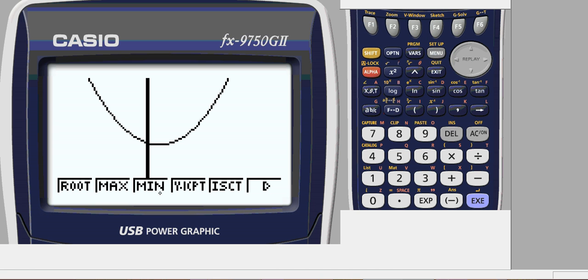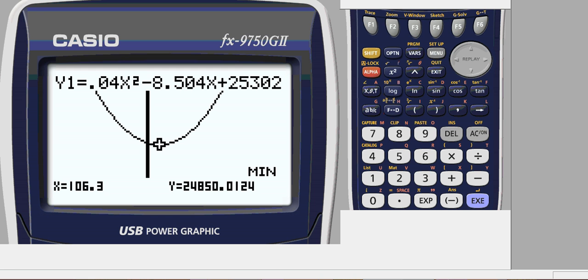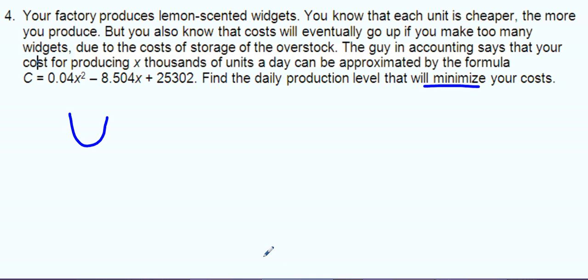And then right there, we've got minimum. And here we've got our two numbers. So if we look back at our problem, it says the cost for producing X thousands of units is this. So our cost is right there. That's like our Y in the function we typed in.